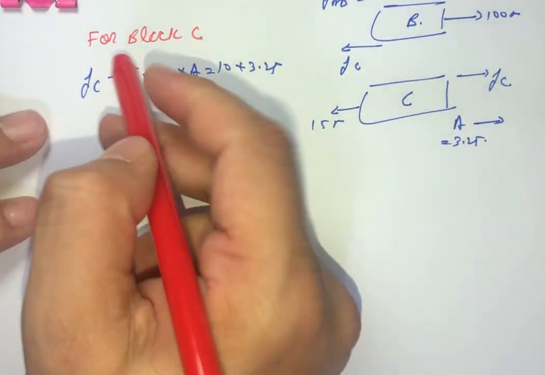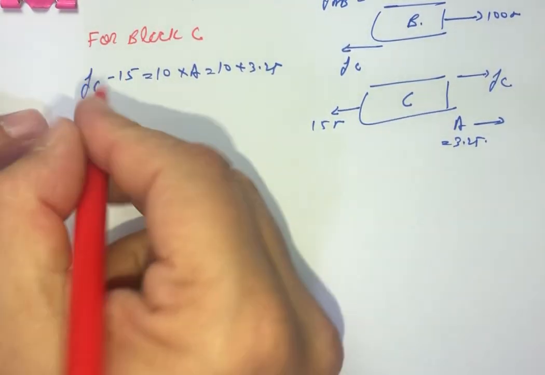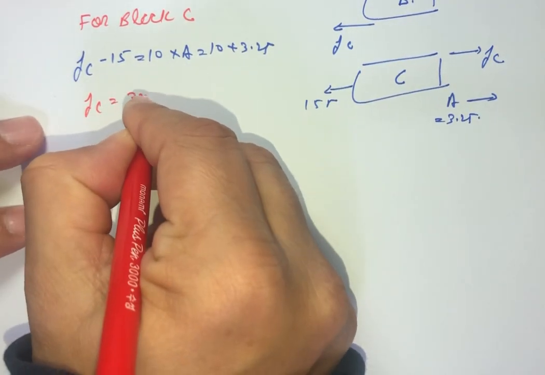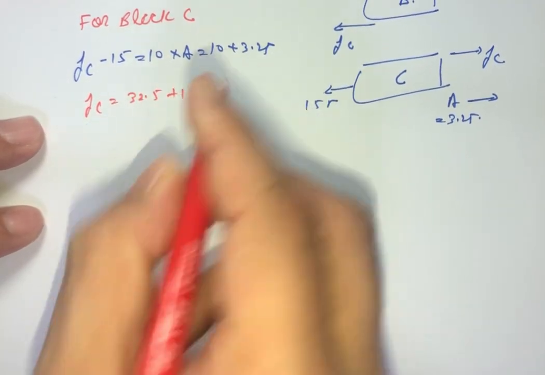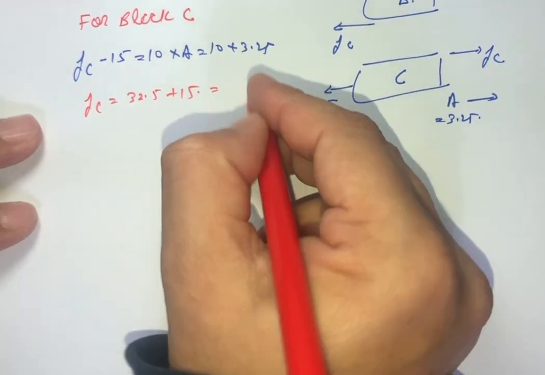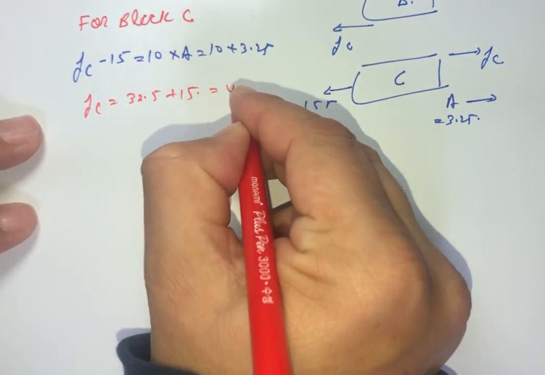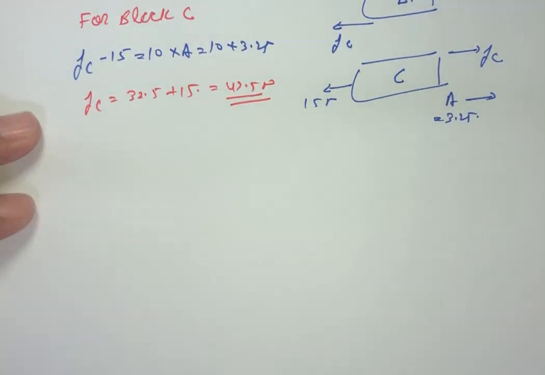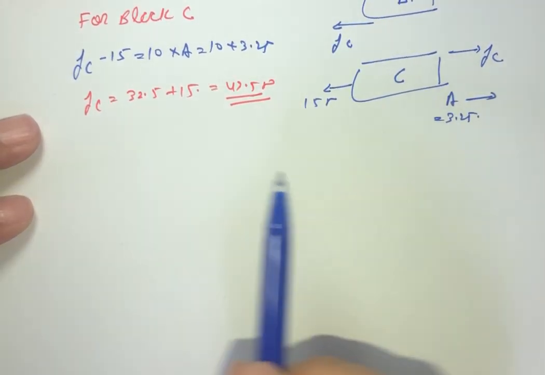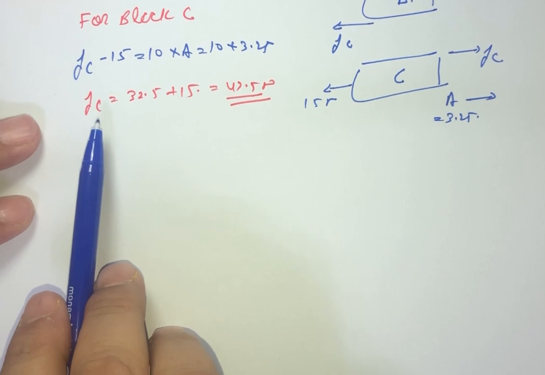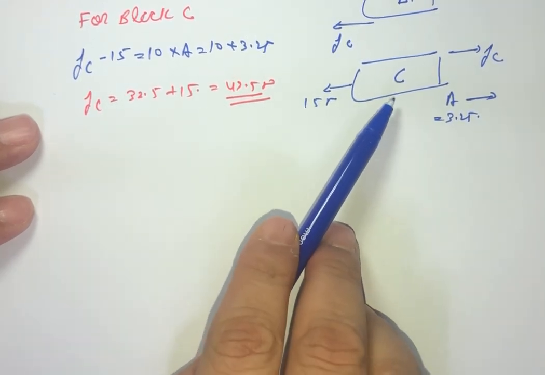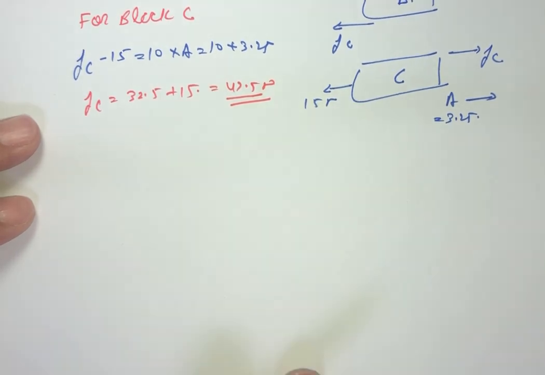From here we can find out that our FC will be equal to 32.5 plus 15, which will come out as 47.5 newtons. Okay. This was the value of the friction which is between B and C.